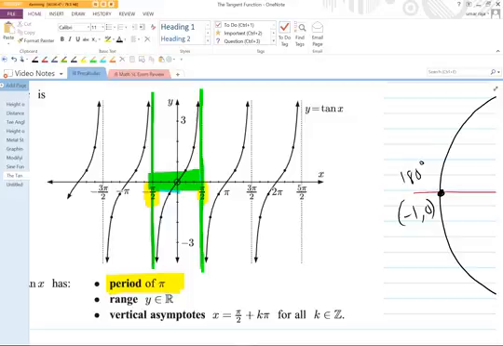Alright guys, so based on this, from negative pi over 2 to pi over 2, this is what the function is. It starts at the bottom and then goes all the way up, continuing in the negative y direction and also in the positive y direction, which is indicated by the arrow points.